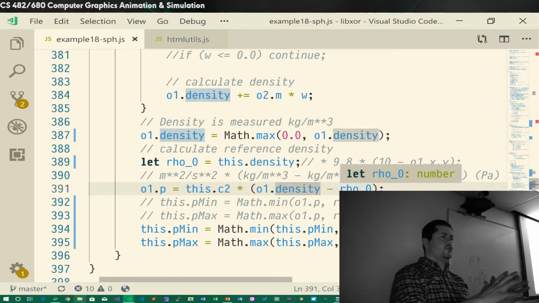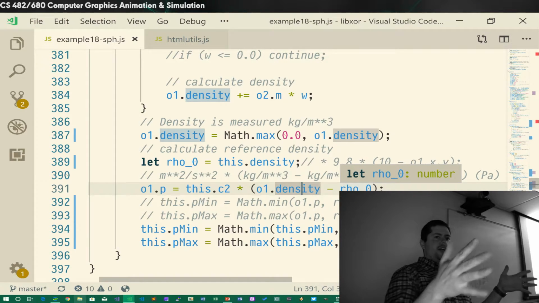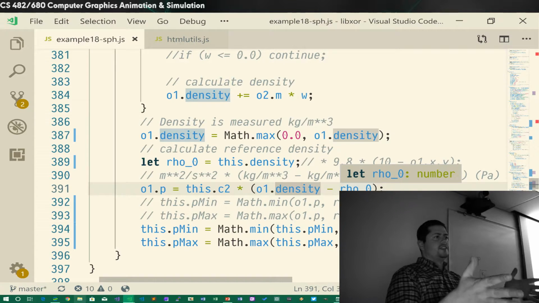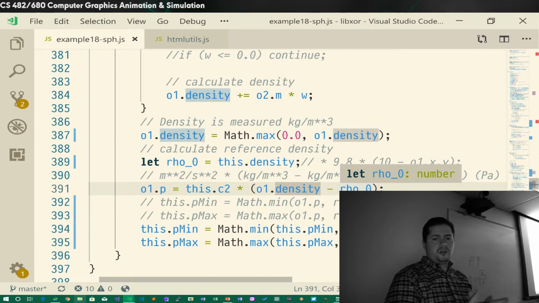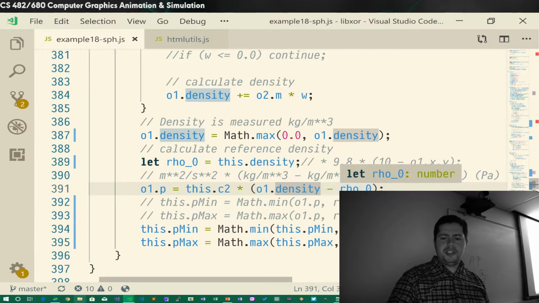And then that's going to cause those, because water is going to take the shape of the container. So it wants to spread until you have even density throughout the whole thing. It's consistent.